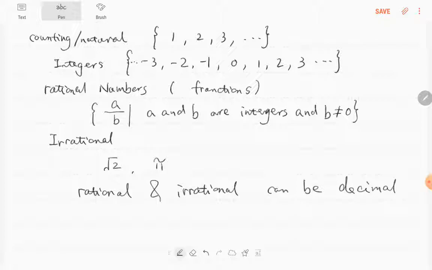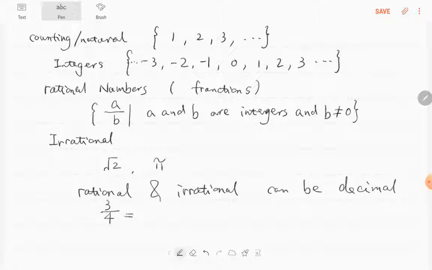Okay, so for example, we can write a rational number 3 over 4. This number follows the A over B format, right?